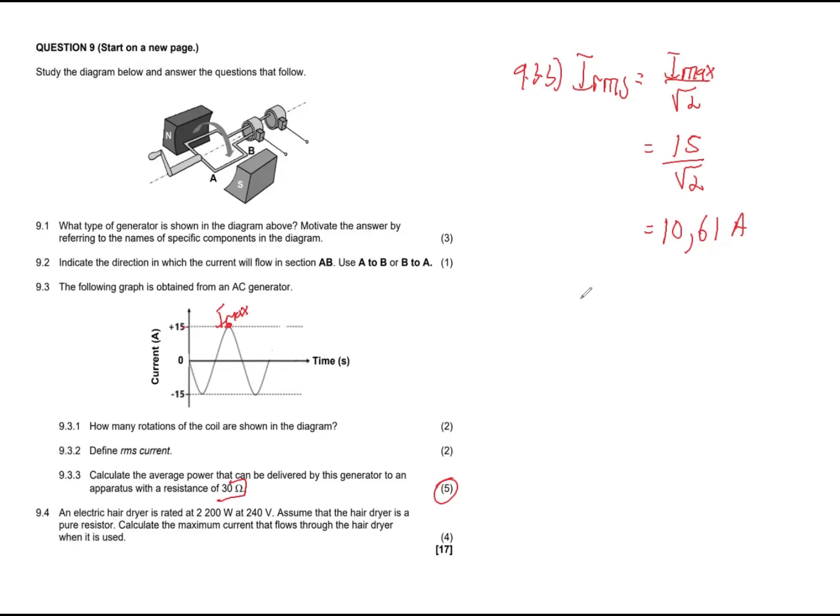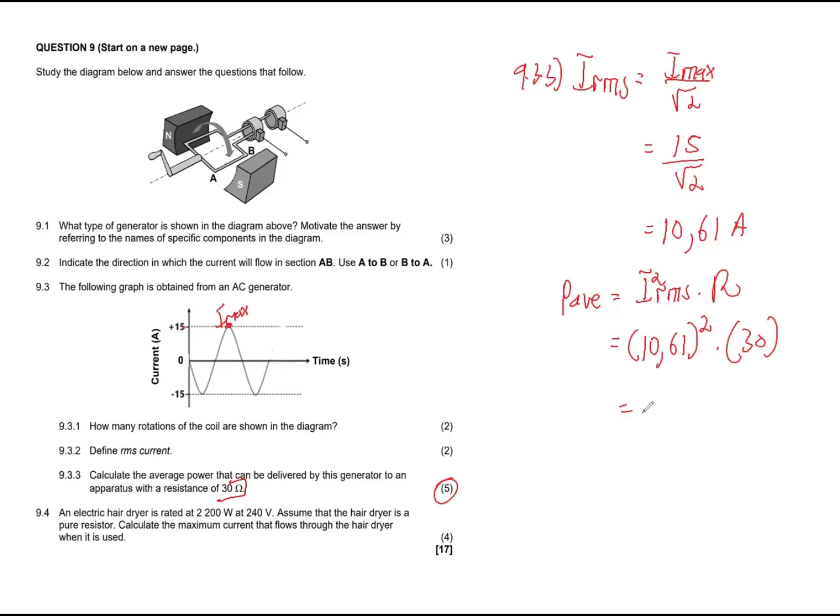Then to calculate the average power, P average, let's go with I squared RMS, then multiply that by R. So our average power, we want to calculate it by saying 10.61 and then square. But I'm just going to keep the answer from the previous question here because I don't want to round off, and then 30.